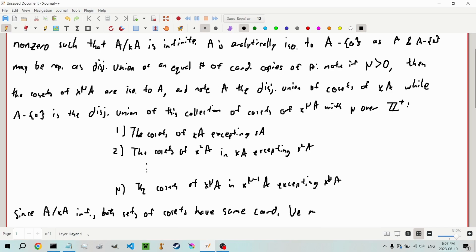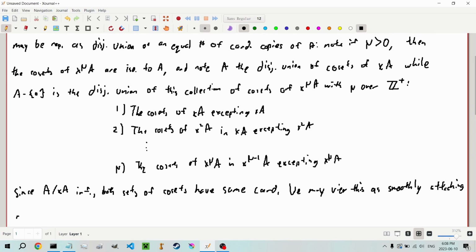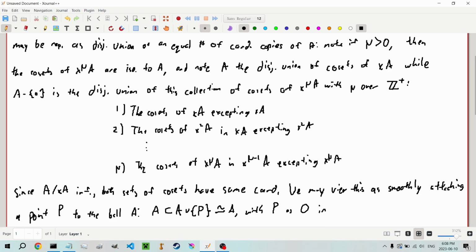We may view this as smoothly attaching a point P to the ball A, where A is then inside of the union of A and P, which is then isomorphic to A, with P as 0 in the latter.